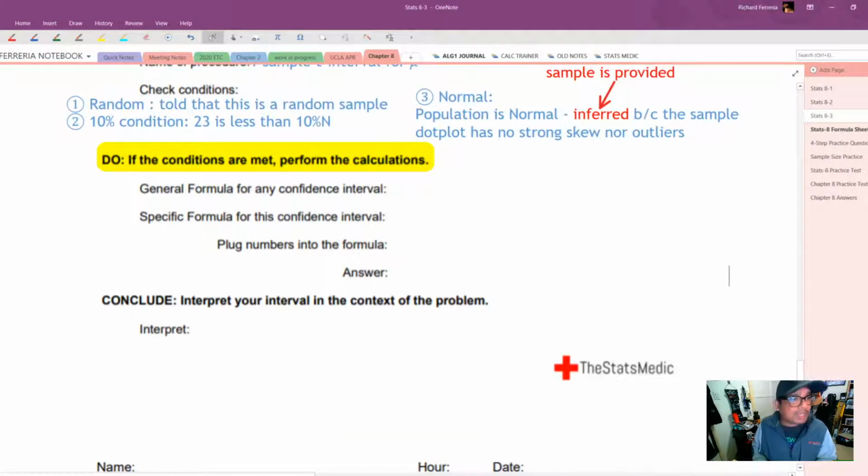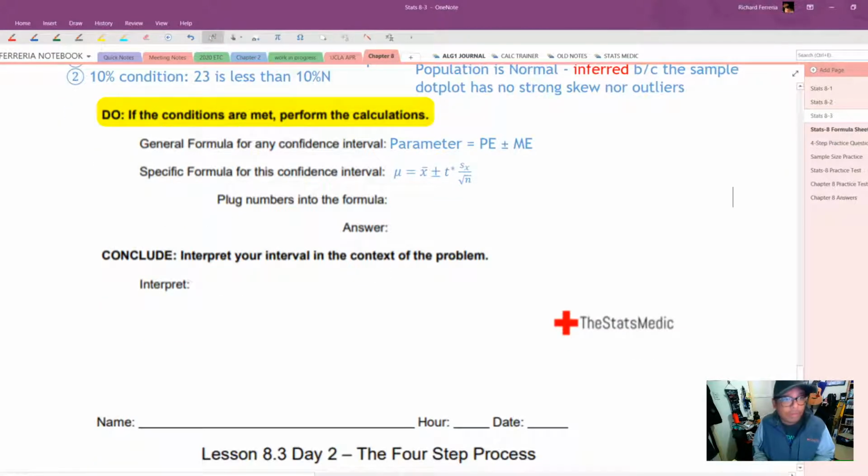This brings us to the do section. So we're supposed to do the general formula, specific formula, plug in numbers, and then the answer. Okay, the general formula is the parameter is equal to the point estimate plus and minus a margin of error. The specific formula is mu equals x bar plus or minus t star sx over root n.